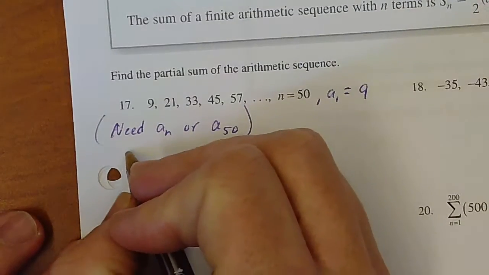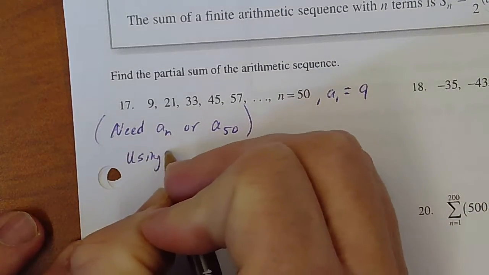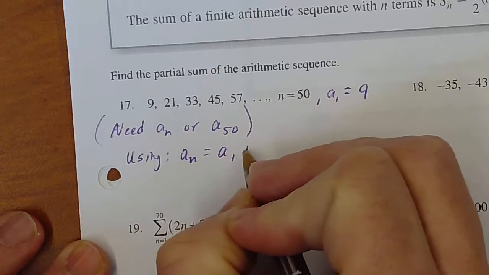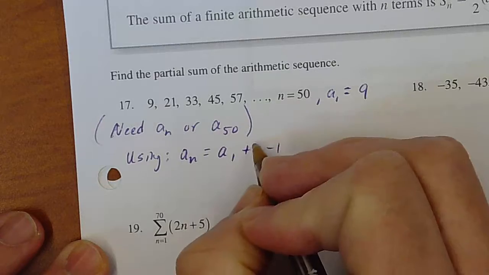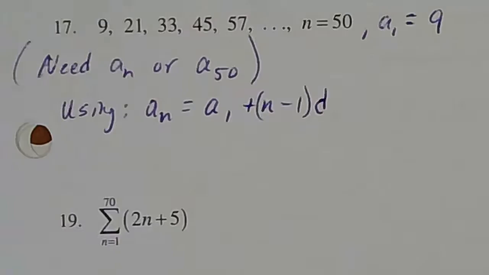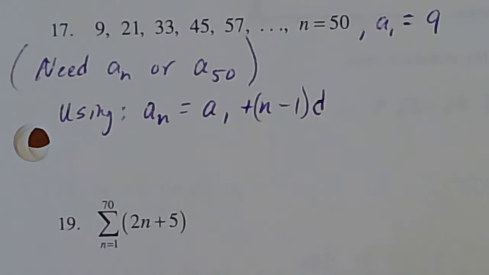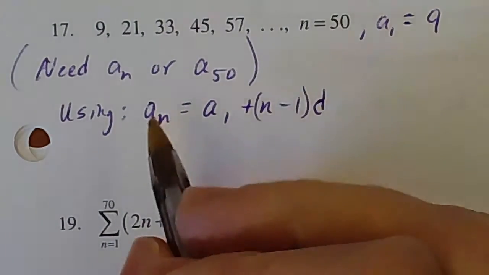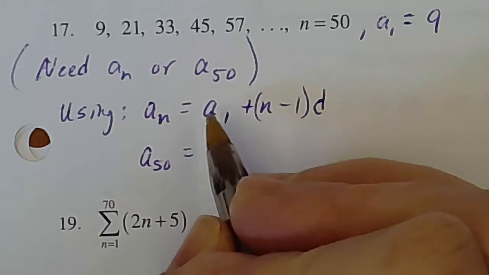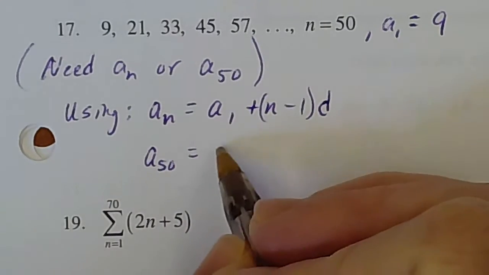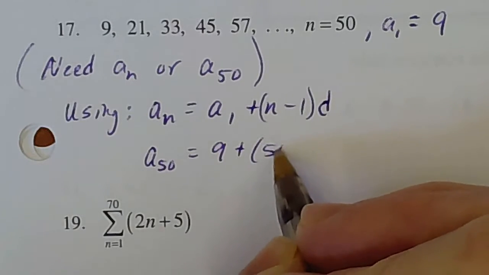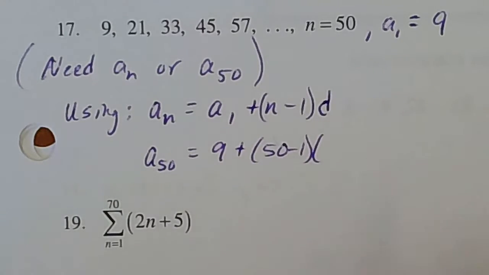Just to make sure we're clear, we're going to use this formula: A sub n equals A1 plus n minus 1 times the common difference. Let's plug in what we're looking for. A50 equals A1, 9, plus n minus 1, so that's 50 minus 1, times the common difference.